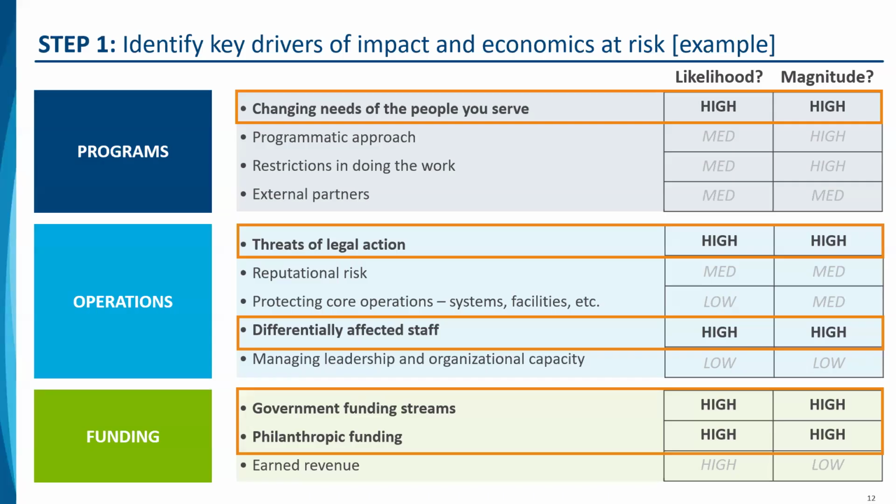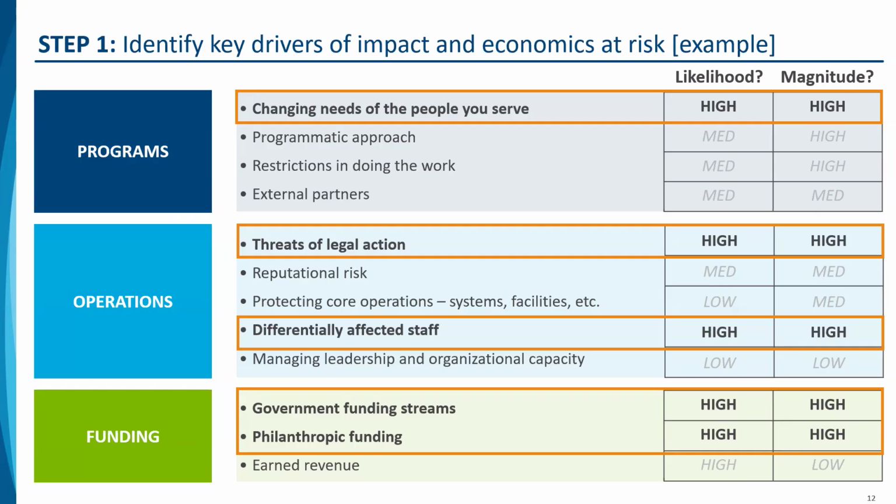Within operations, you might weigh the things you see here, things like the threat of legal action against your organization, or one that I saw some examples of in the chat, whether some of your staff or program participants might be differentially impacted by the current environment, and maybe they need unique supports in this time. And then on the funding front, you might think through how are our big funding streams, philanthropy, government, other, how are they facing risks right now, and what might be the magnitude if some of those were scaled back.